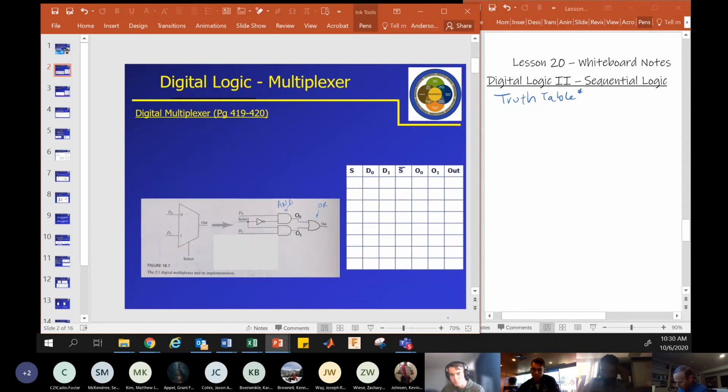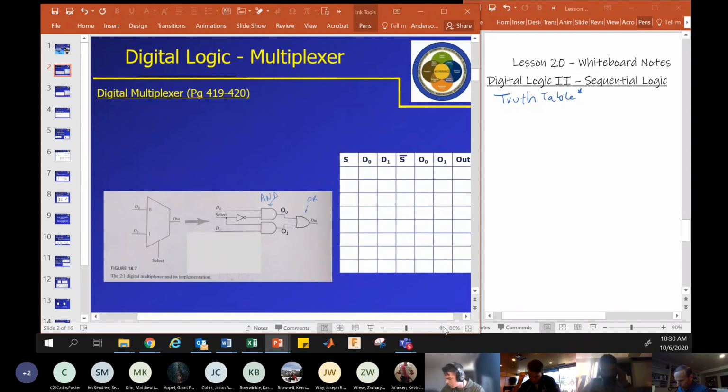Thank you, Adam. Yes. We're going to count in binary to fill out this truth table. So 0, 0, 0. These are the inputs. There are 3 inputs: D0, select, and D1. Okay, 0, 0, 1, 0, 1, 0, 0, 1, 1, 1, 0, 0, 1, 0, 1, 1, 1, 0, 1, 1, 1. And then we can just go through and step by step figure out what's going on.